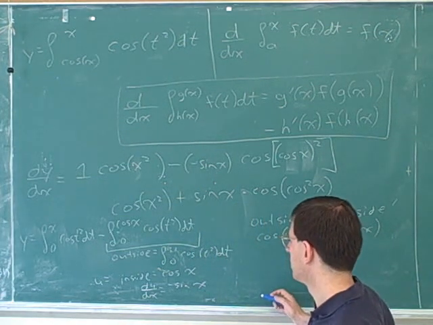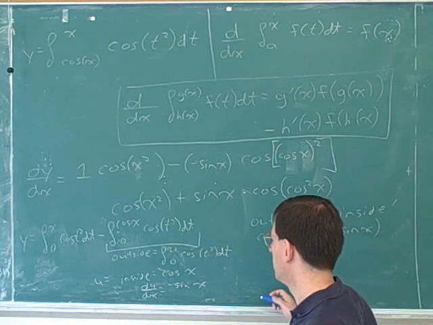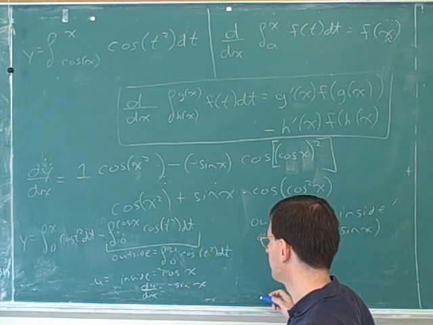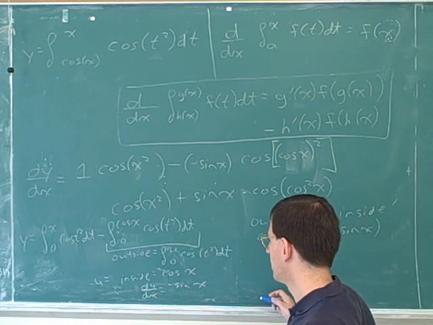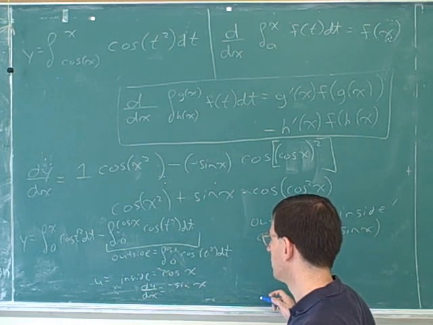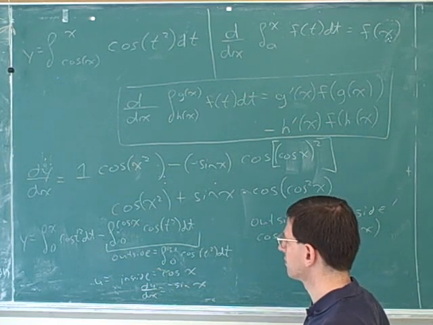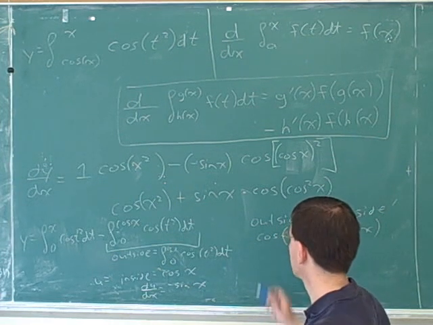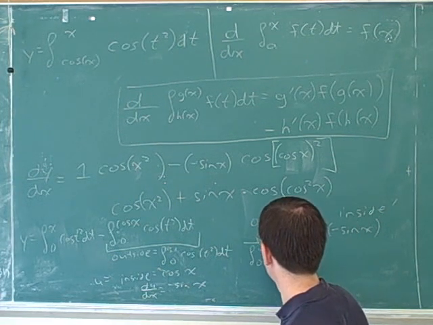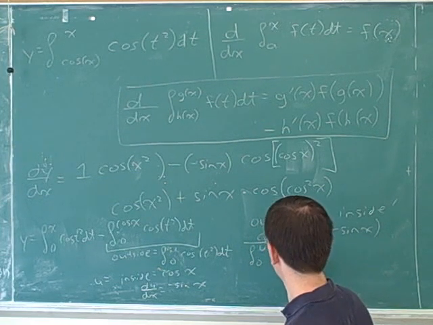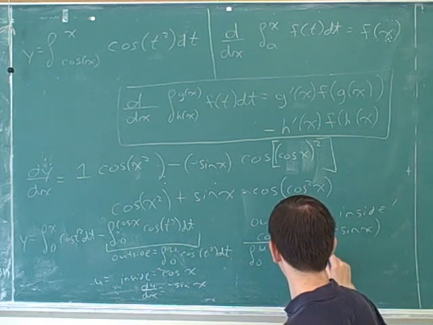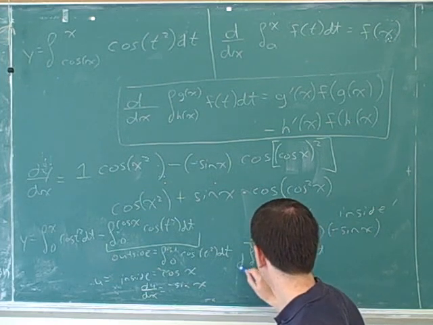Okay, so then when you write it in the integral again, it'll be the integral from 0 to u of cosine t squared dt. You would just plug in u for cosine x. And then you would do the same thing that we did before. And then that would be cosine u squared.